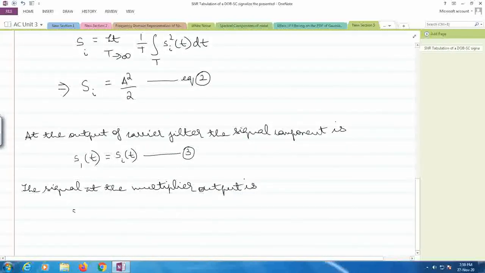So let me just write down, at the output of the multiplier I have the signal as S2 of t, which is equal to S1 of t cos 2πfct, which is equal to Si of t cos 2πfct.